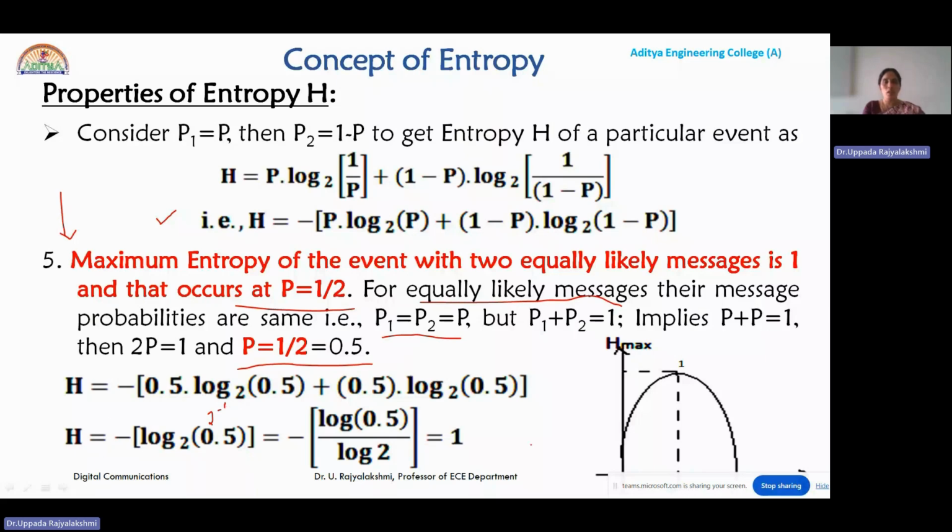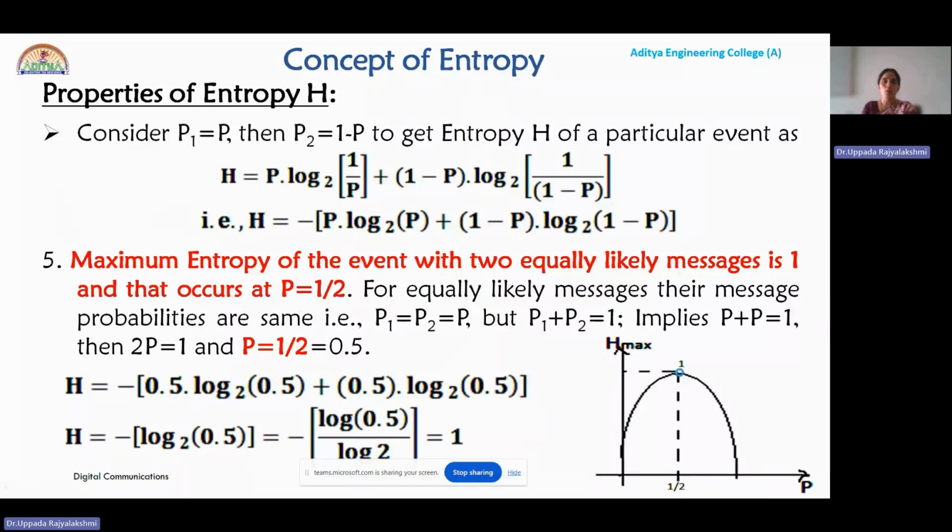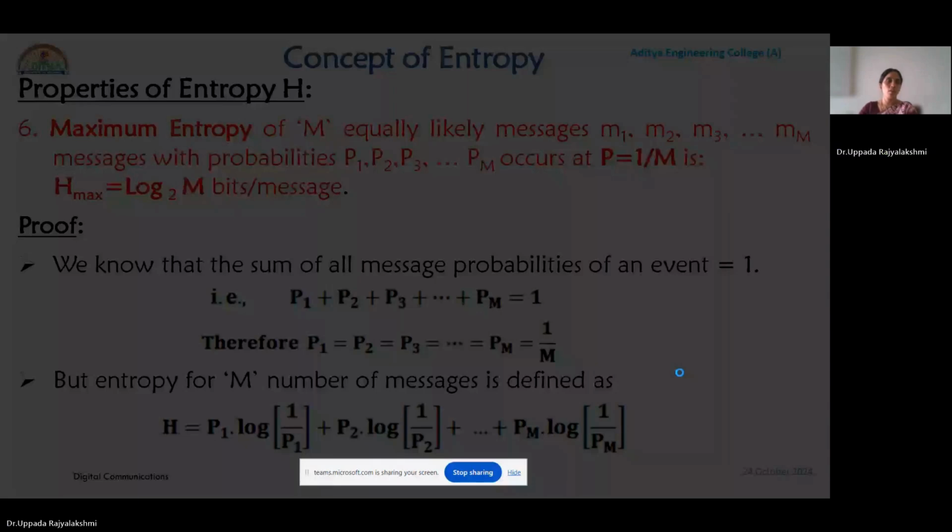Log 2 base 2 will be 1, so minus of minus 1 will be 1. So the fifth property is that the maximum entropy of an event with two equally likely messages is 1, and that occurs at P equal to 1 by 2. In this plot also you can see that when P is equal to 1 by 2, you are getting maximum entropy equal to 1.